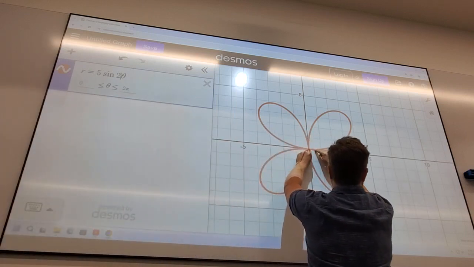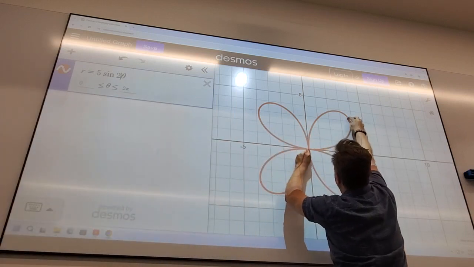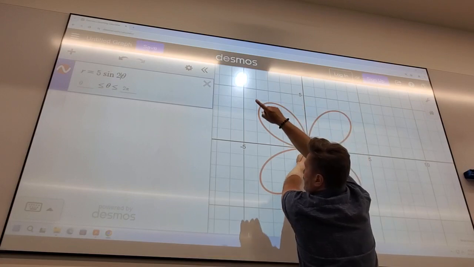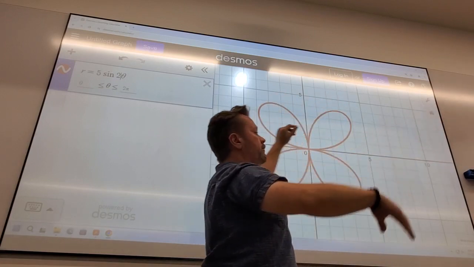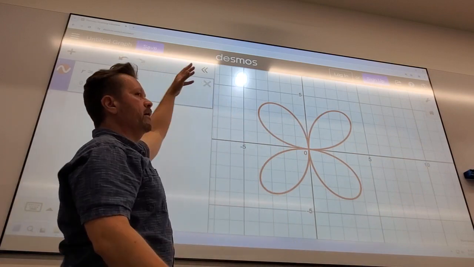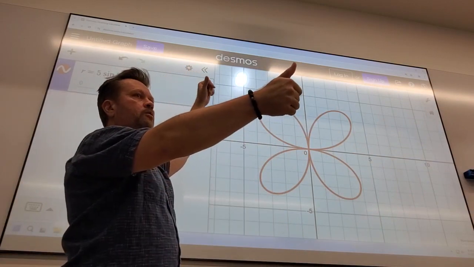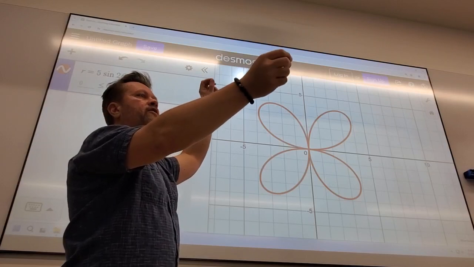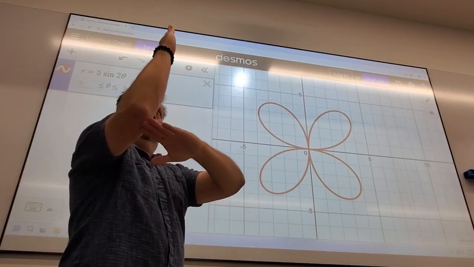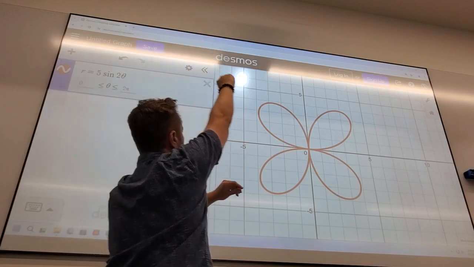Real quick, if I put in 0, I get 0. If I put in pi over 4, isn't that sine of 2 times pi over 4? I really want you guys with me. Twice pi over 4 is pi over 2. What's sine of pi over 2? 1. 1 times 5? 5.